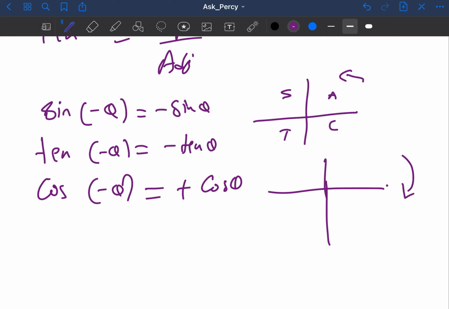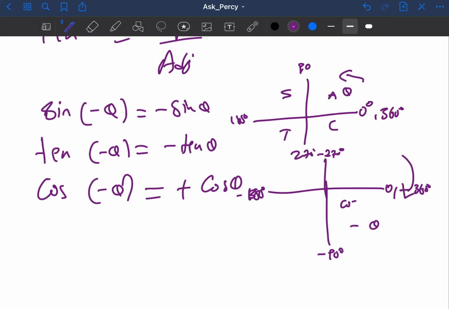So this was 0, 90, 180, 270, 360, but this one is 0, negative 90, negative 180, negative 270, negative 360. This is in your clockwise direction. And this is where you have your negative theta. This is where you have a positive theta.